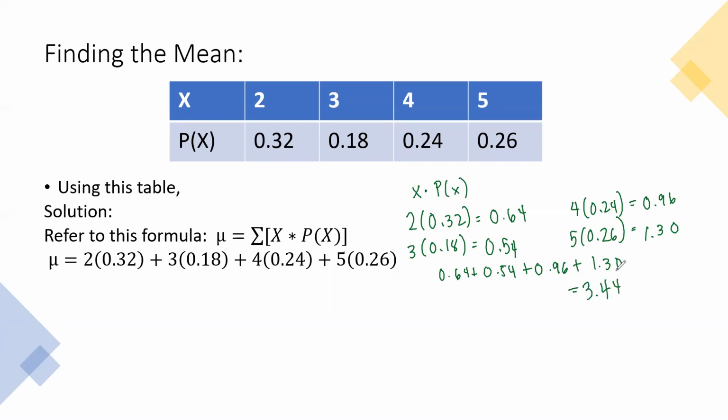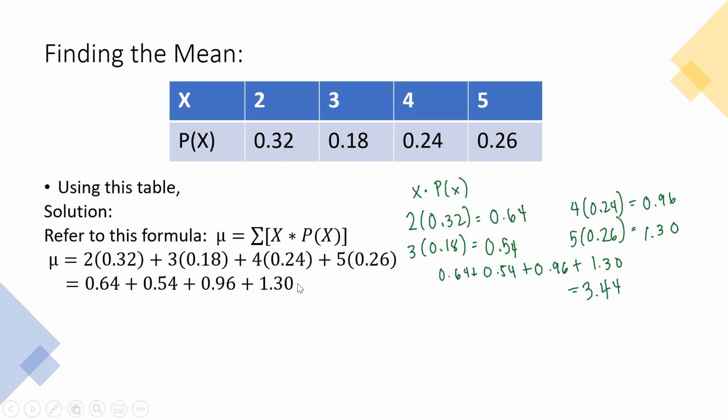So let's check. We're going to add all the products. This shows that we multiply each x and p of x. So 0.64 is the product of 2 and 0.32, while 3 times 0.18 is 0.54, while 4 times 0.24 is 0.96, and 5 times 0.26 is 1.30.